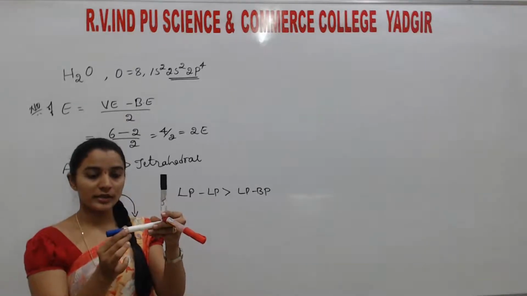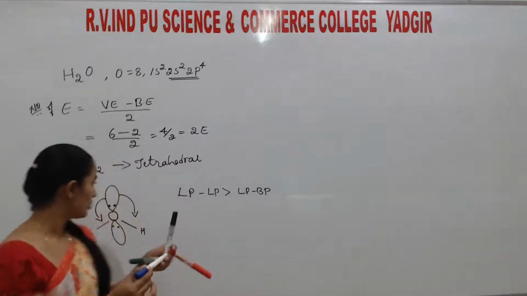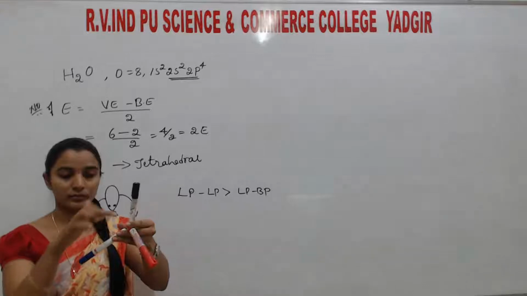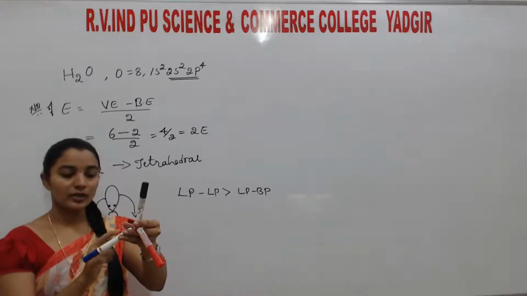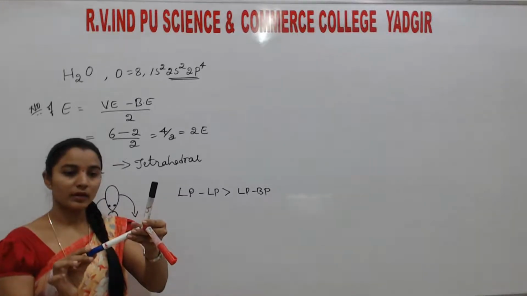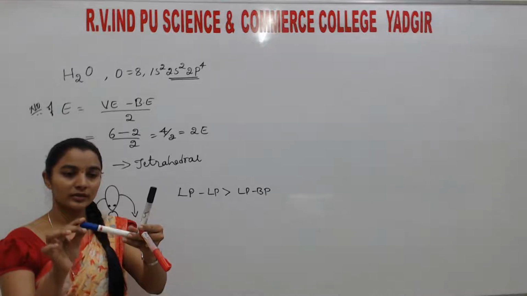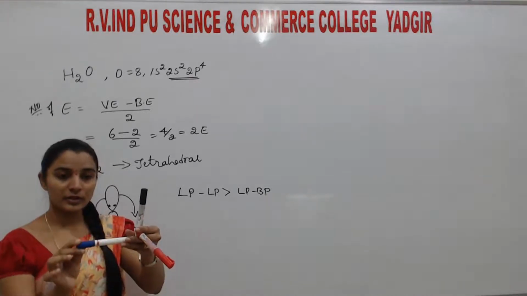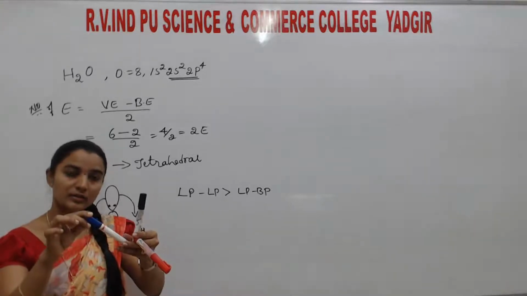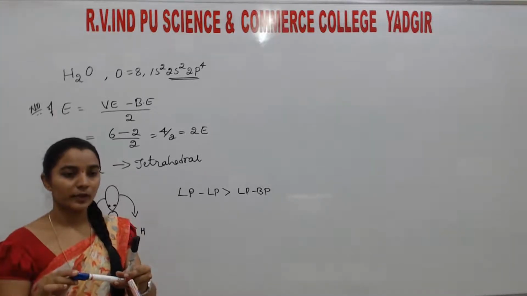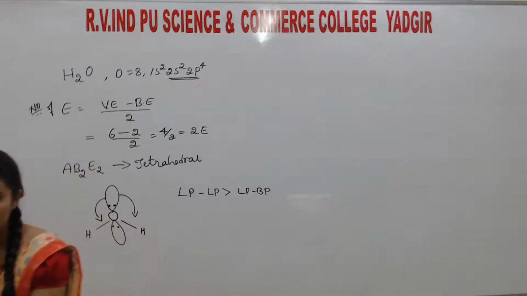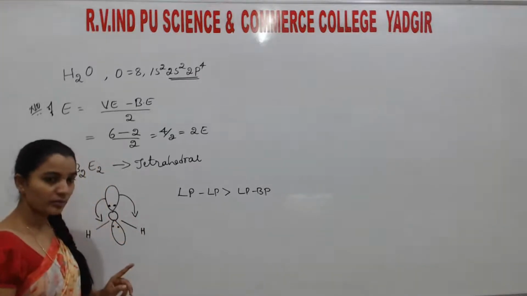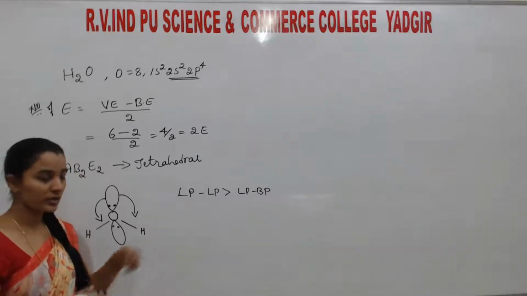Now listen, it is exactly 90 degrees. Sorry, actually it is not 90 degrees, it is 109 degrees 28 minutes, 109.5 degrees. When the repulsion is more, they come closer and closer like this, then the bond angle decreases. Here two lone pairs are there, so the repulsion is more.